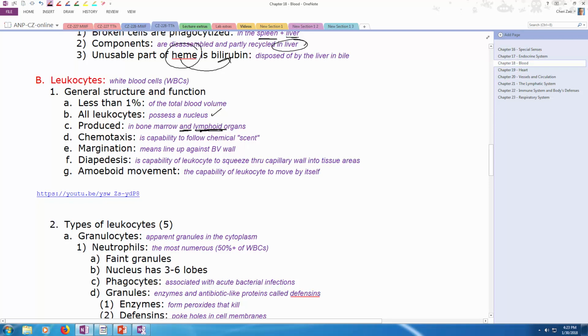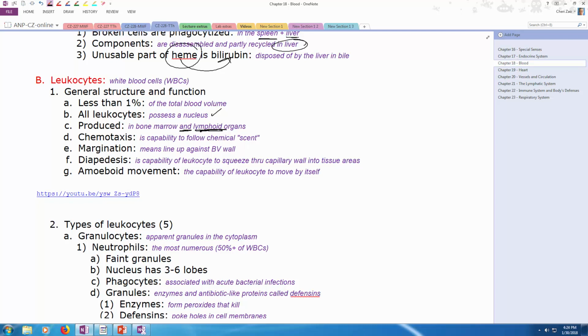Now, leukocytes are interesting. They have a process where they will respond to their environment. And things that they will respond to will cause them to actually follow a certain chemical trail that's left behind.